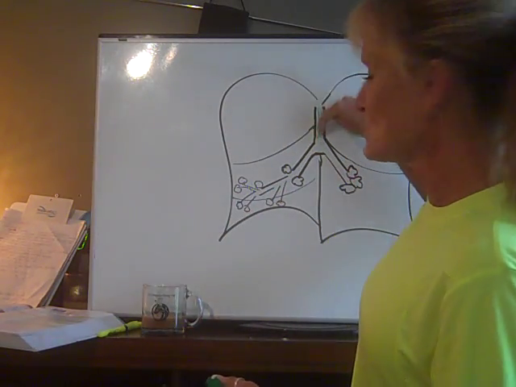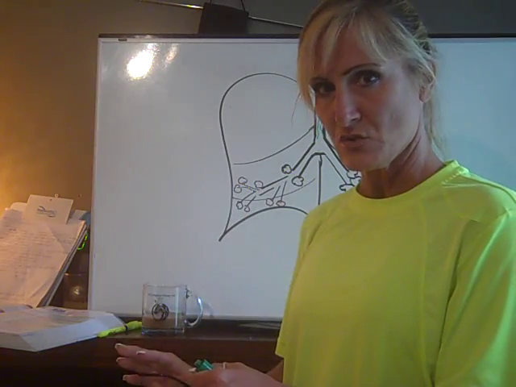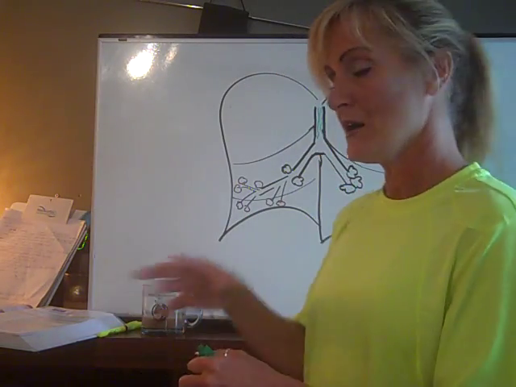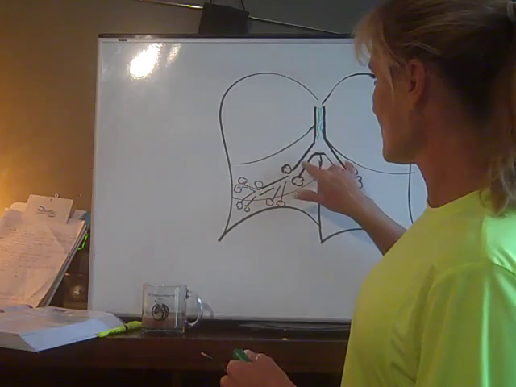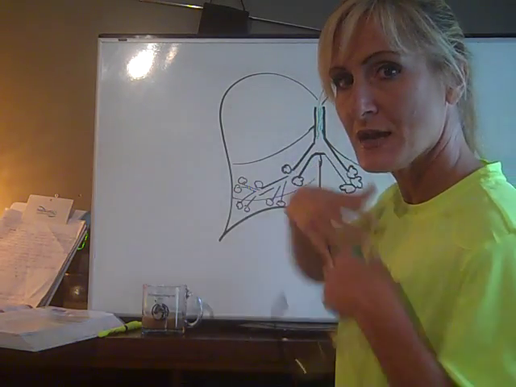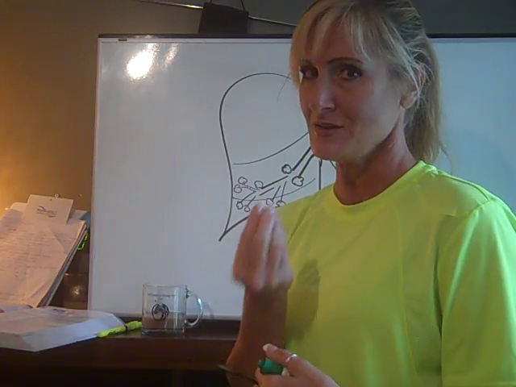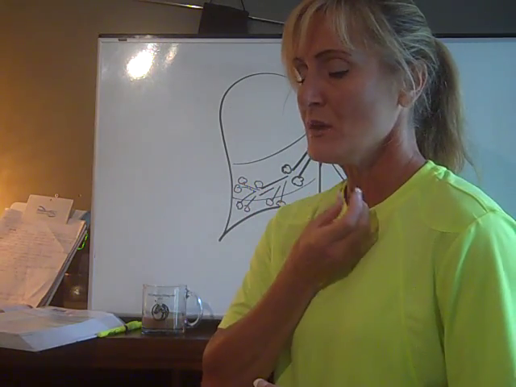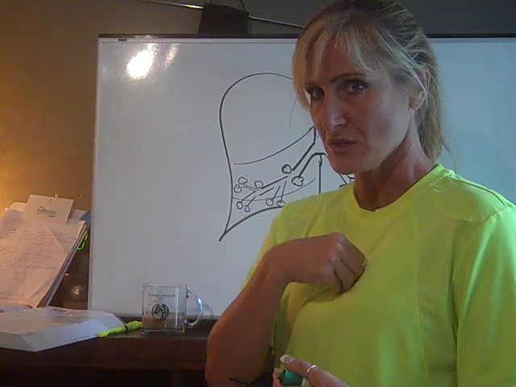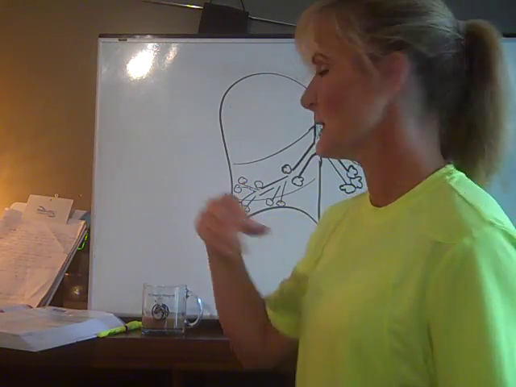When air goes through constricted airways, you're going to hear wheezing, especially down here in the lower lungs, and especially on expiration. So when your patient is breathing out, you'll hear that wheezing sound in your asthmatic patients. If you hear wheezing on the way in, it's usually from bronchitis, from inflammation.